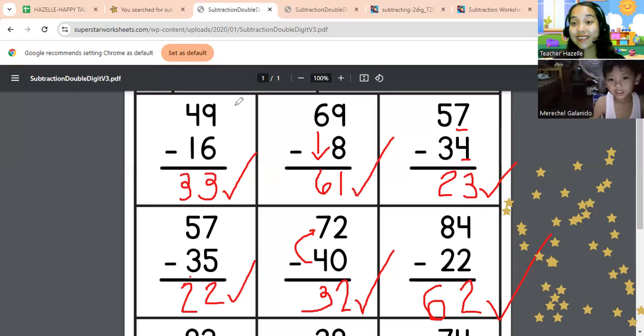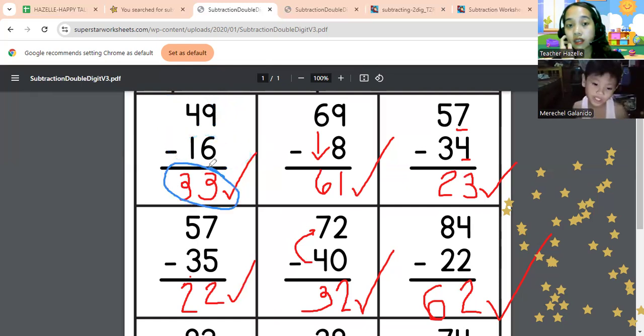Let's review it first before we close this class, by reading it alternately. First one we have here 49 minus 16 equals 33.